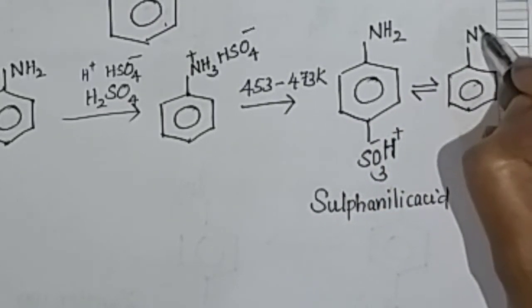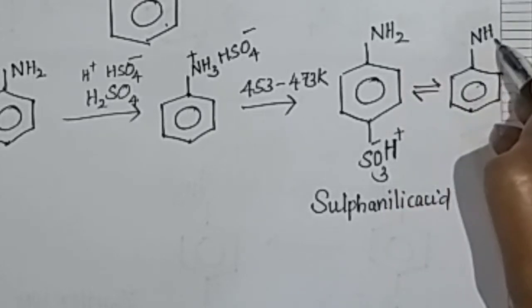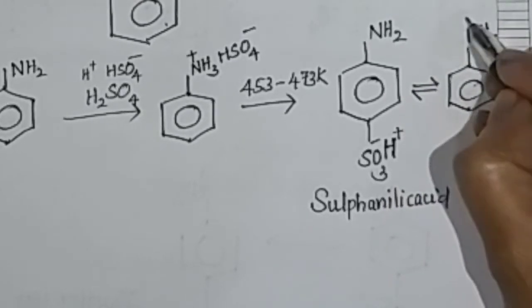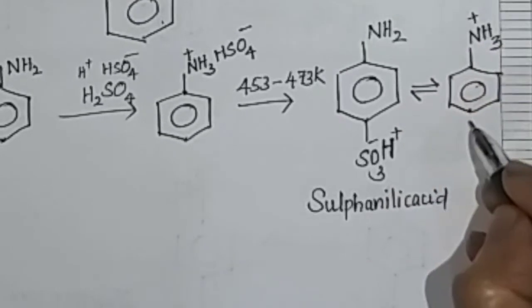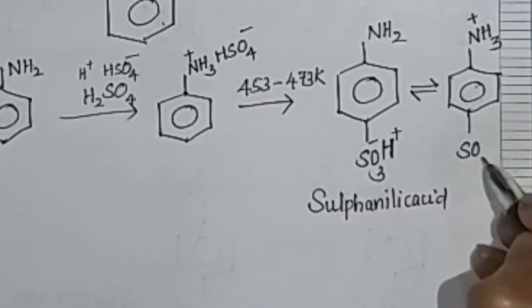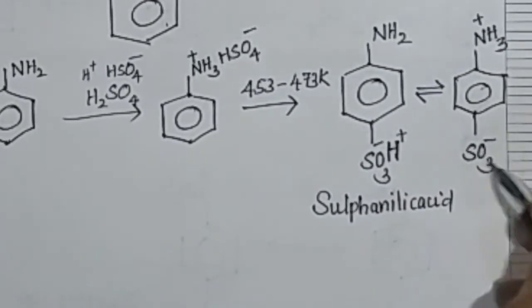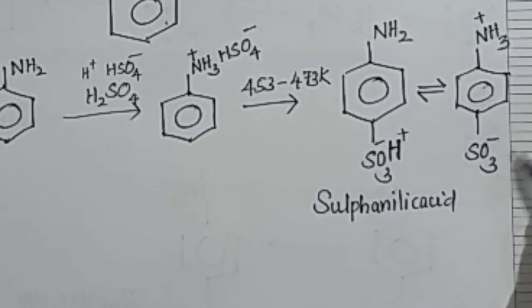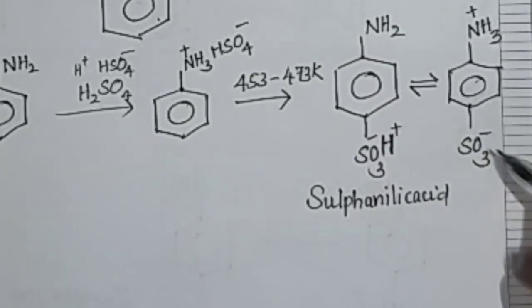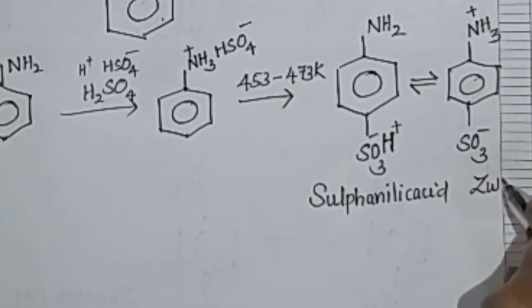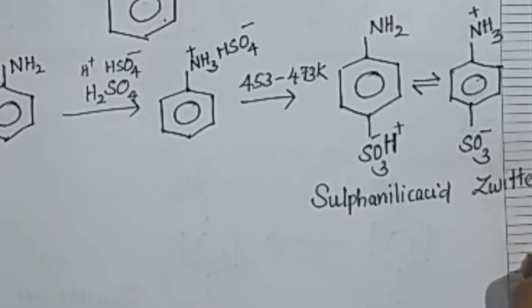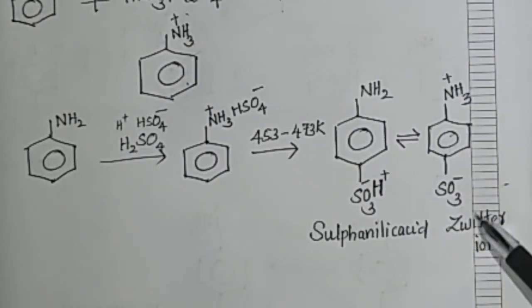This H plus ion is accepted by the basic NH2 group, which becomes NH3 plus, and SO3 minus remains. So sulfanilic acid exists as a zwitter ion. This dipolar structure is known as a zwitter ion.